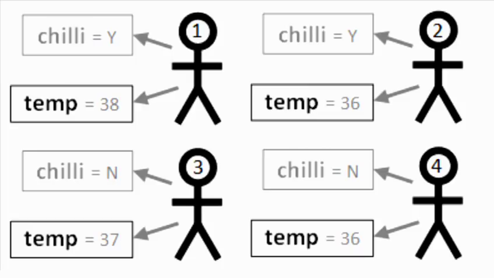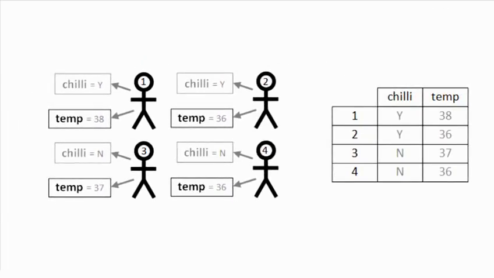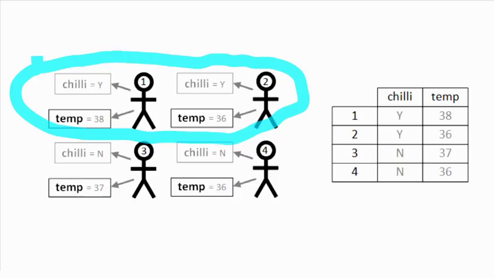But this is what I'm going to do. And I'm going to, as I should, record their data like this. Every person has a row, and I've written down whether they had chili or not and what their temperature was. This categorical variable, this chili, which is yes or no, what does it do to my data? Well, here's a group of people who all have yes for chili, and that's their data there.